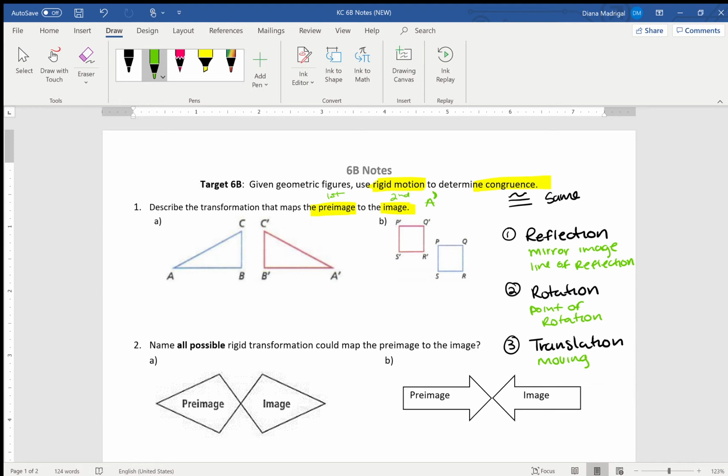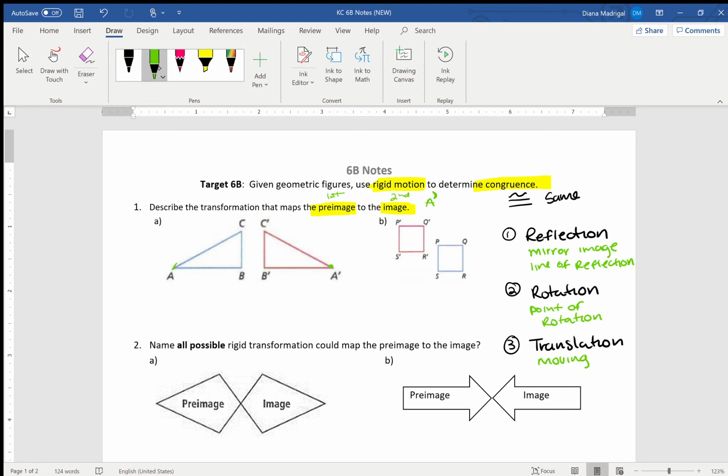All right, so it goes from blue to red. Again, I think this one is a reflection. I can check that by doing the line of reflection, right? If I put the line in the middle, I notice that C will go to C, B will go to B prime, and A will transform all the way to A prime by doing reflection.